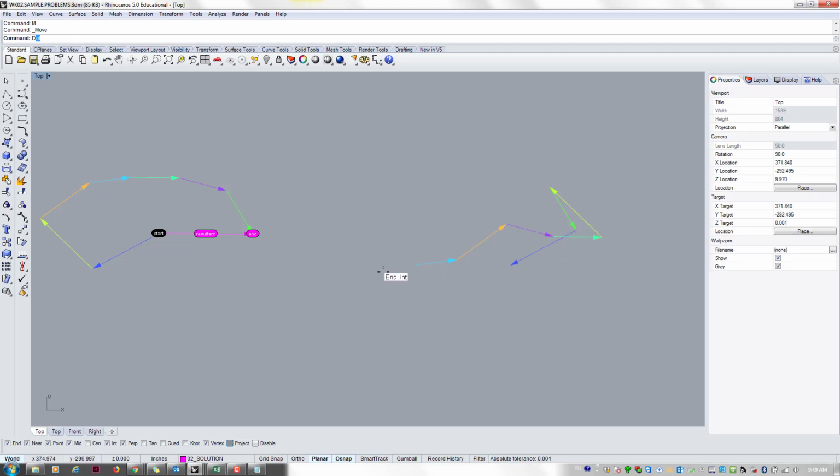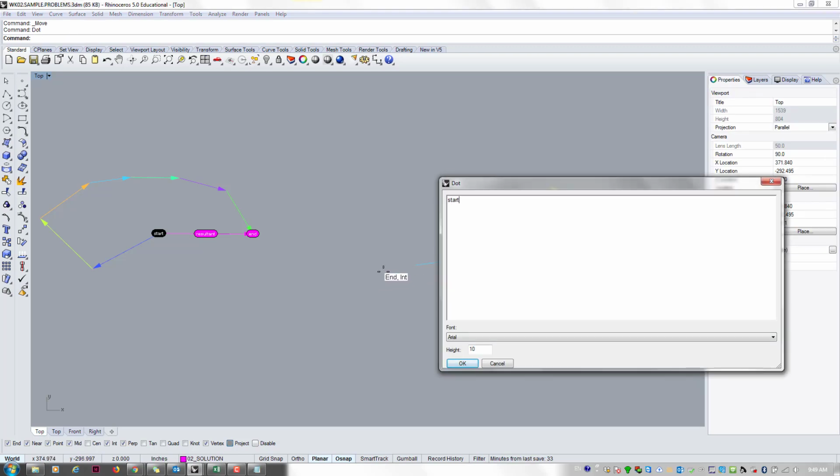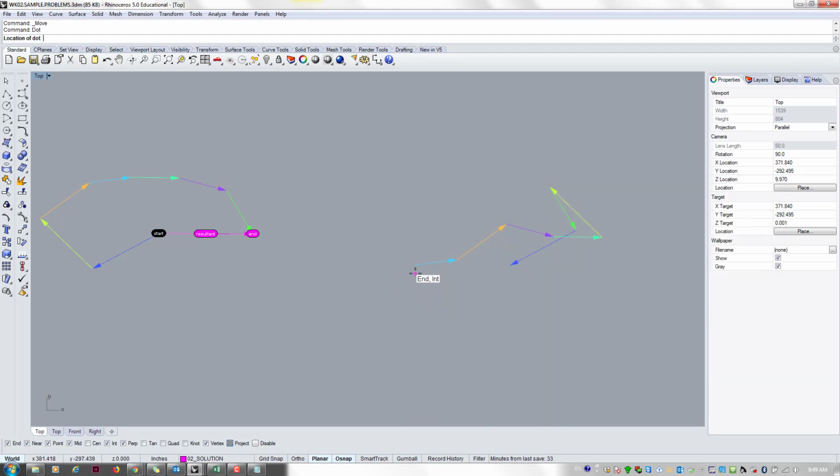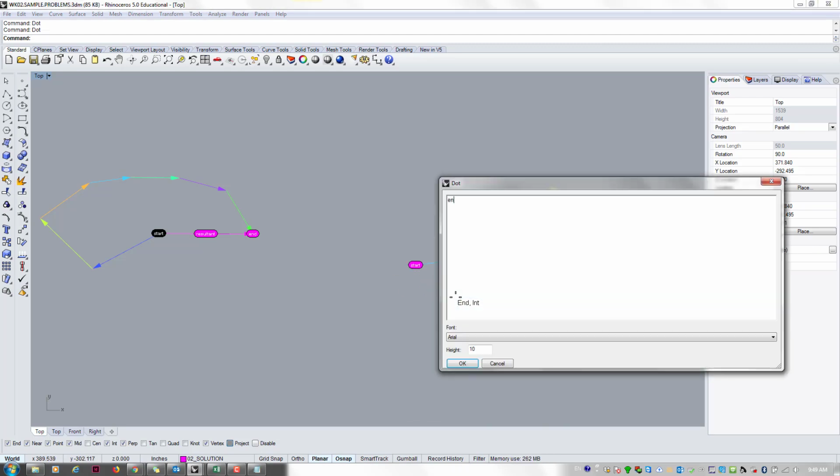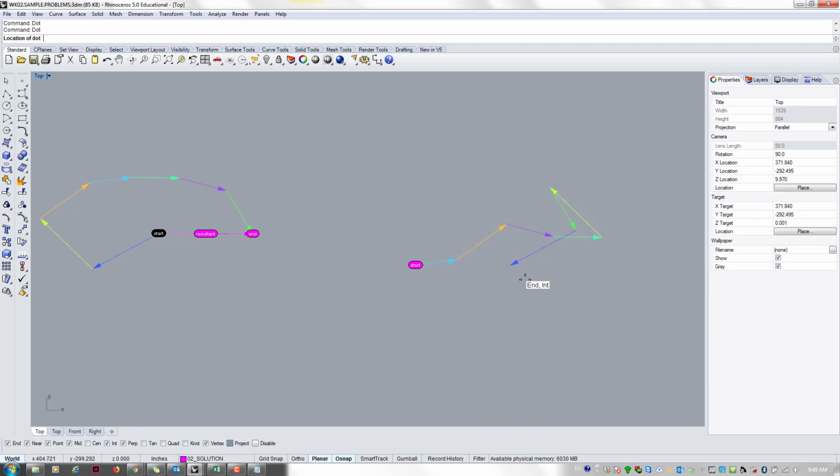And no matter how you add it up, it's always going to be from start point to end point, and that would be your resultant.